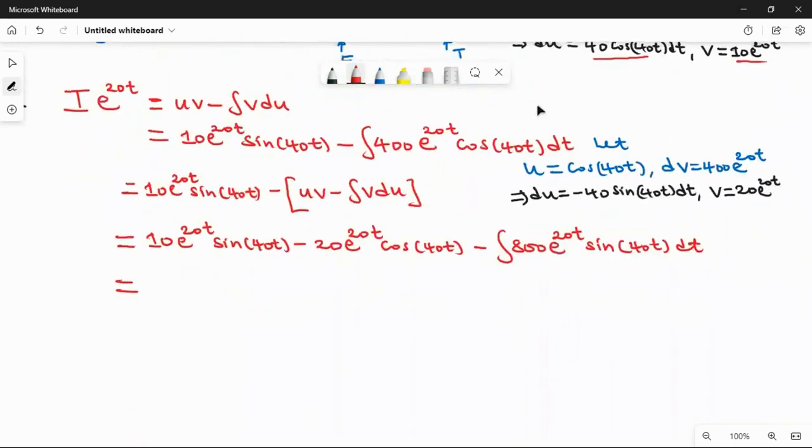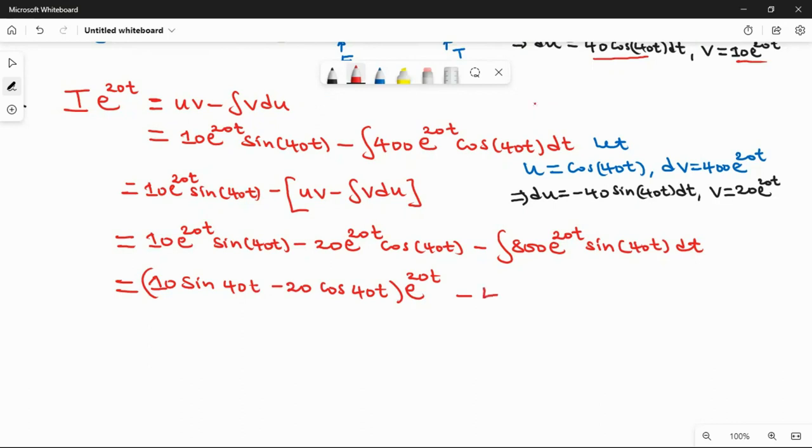So this thing can be written as 10 sine 40t minus 20 cos 40t times exponential 20t, because it is common, then minus 800 is the same as 200 times 4.